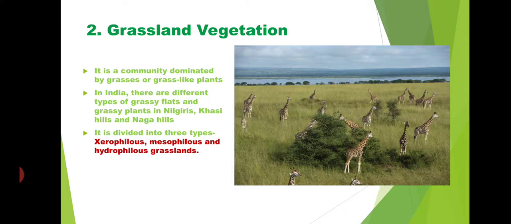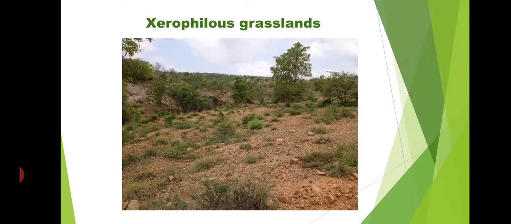The grasslands can be divided into three categories: xerophilous grasslands, mesophilous grasslands and hydrophilous grasslands. From the names themselves we can see the meaning: xerophytic climatic condition, mesophytic, and waterlogged. So grasslands are of three kinds. What are they? Xerophilous, mesophilous and hydrophilous grasslands.